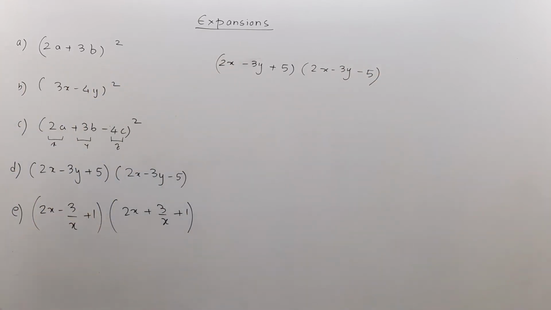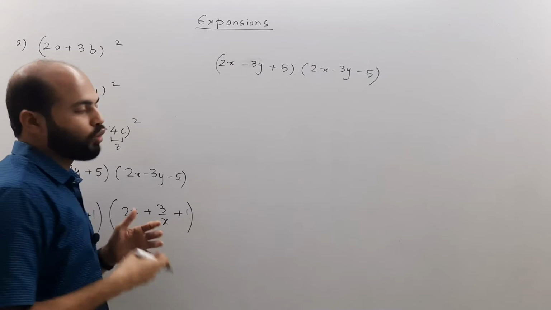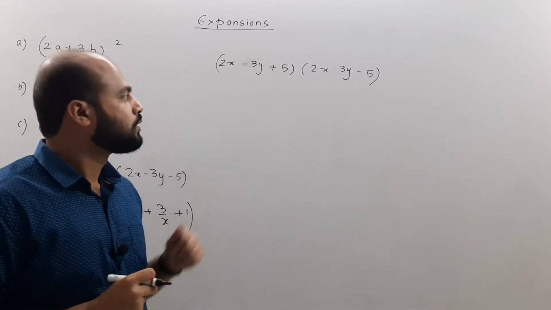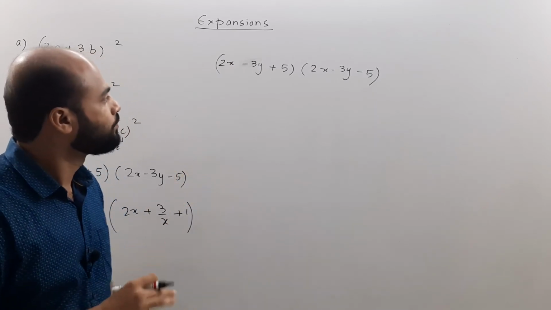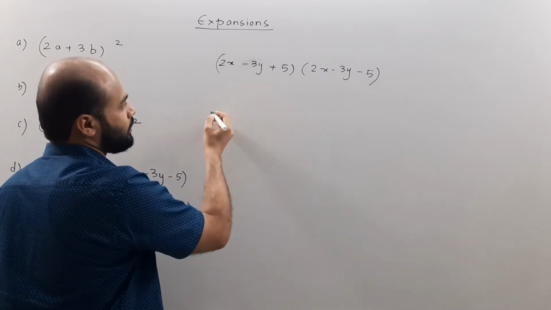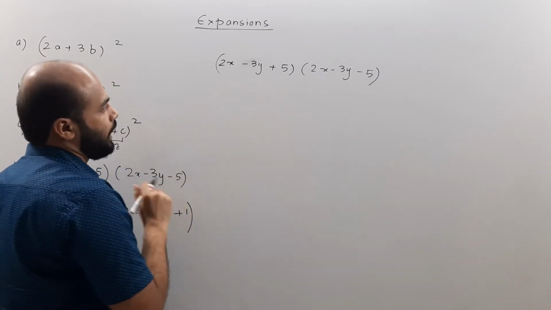So now when we expand this, we have to observe some things over here. So it is not a direct expansion. You can see that we'll have to club the terms.